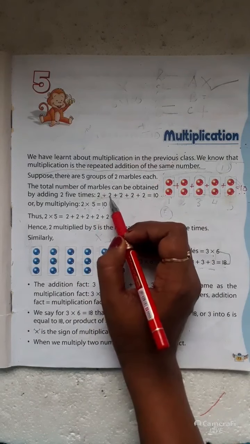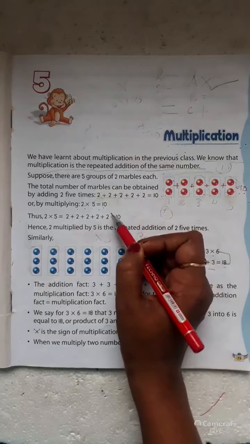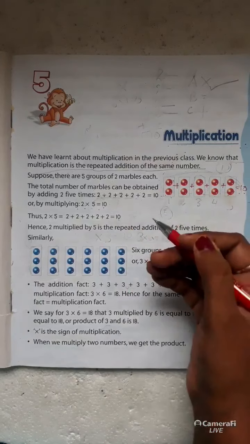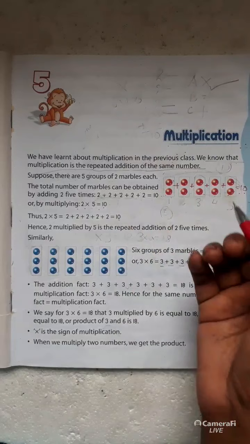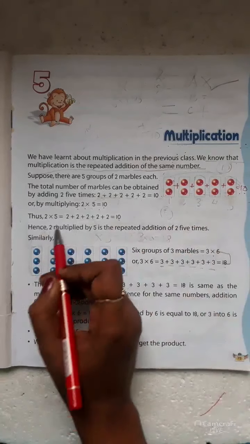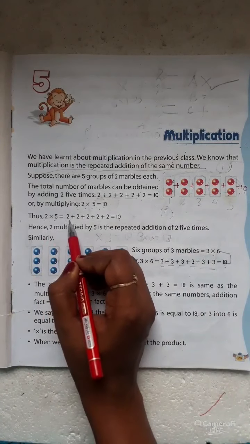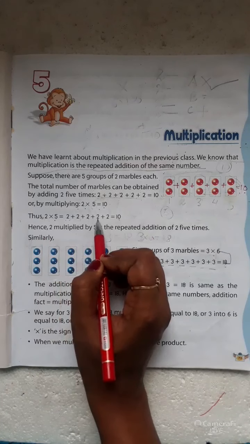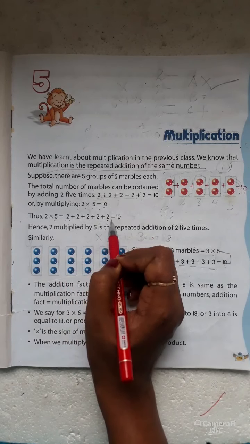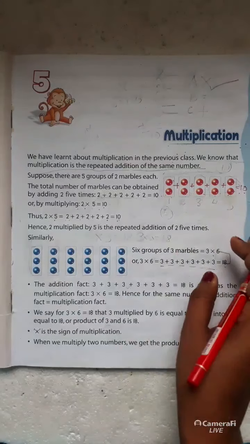It means if we add the same number repeatedly, we get the sum, and the shortcut way to get this product is multiplication. Thus, 2 into 5 is the same as 2 plus 2 plus 2 plus 2 plus 2. The answer is 10.